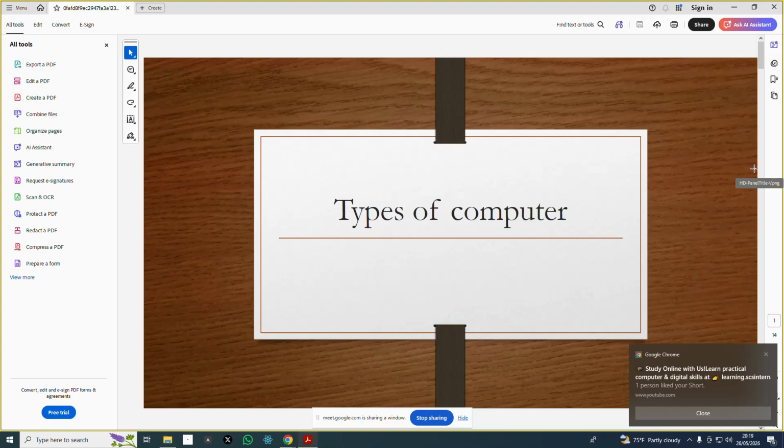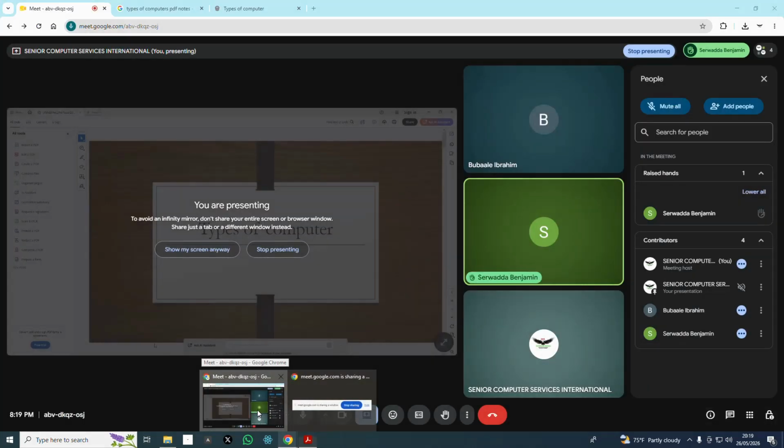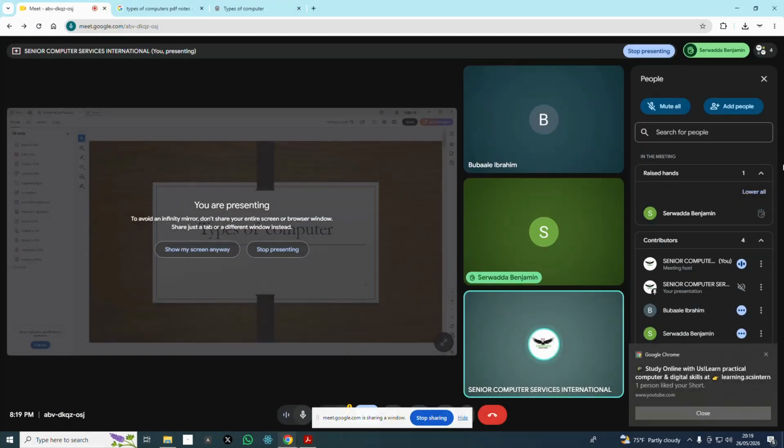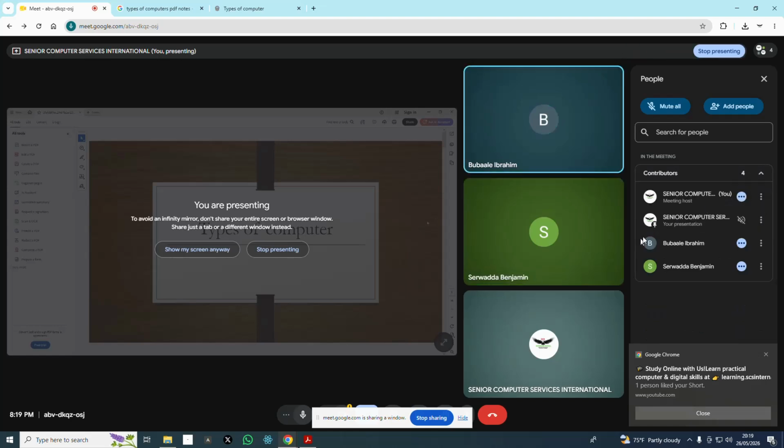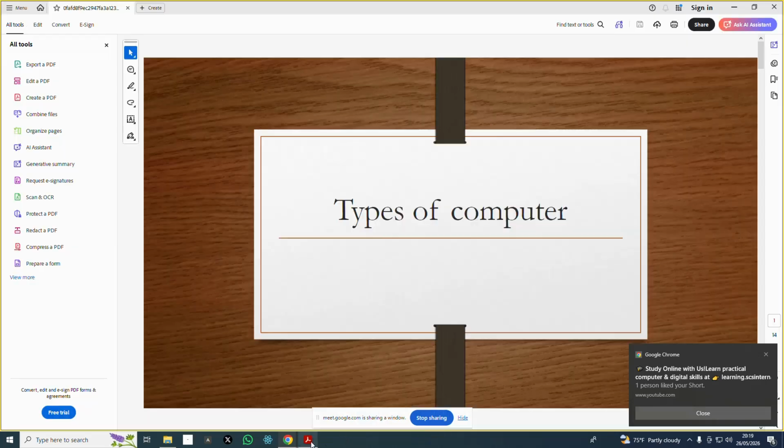We have digital computers, and analog computers. Analog and digital.